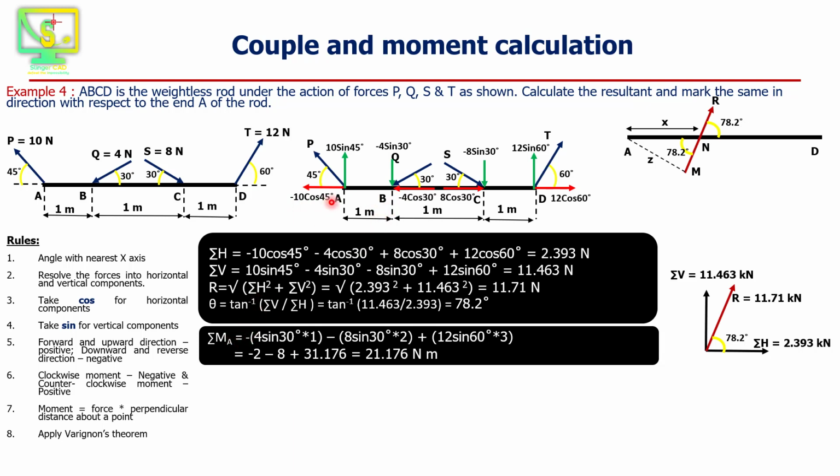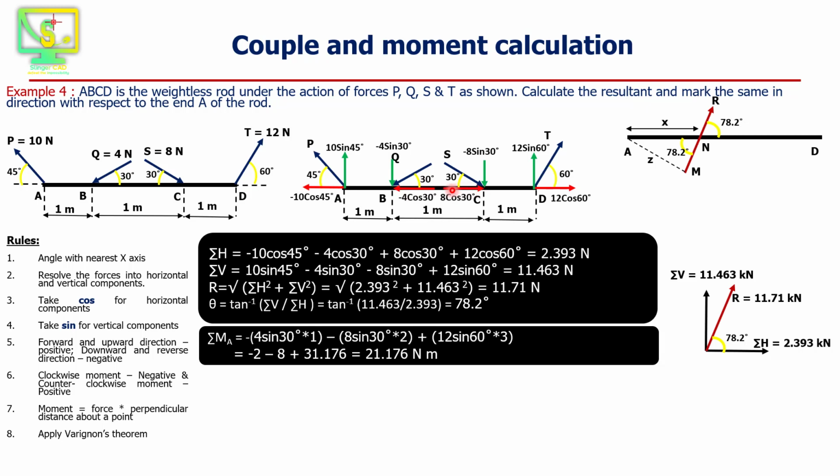If we take moment about A, these two forces don't have any rotation, so it is 0. This 4 sin 30 rotates the rod in clockwise direction, so we take negative, and it is at a distance of 1 meter from point A. This 4 cos 30 won't rotate the rod, so we can neglect it.